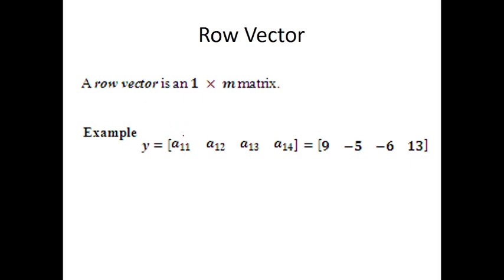We have 4 columns in this example, so the size of this matrix is 1 by 4, because it has one single row and 4 columns.